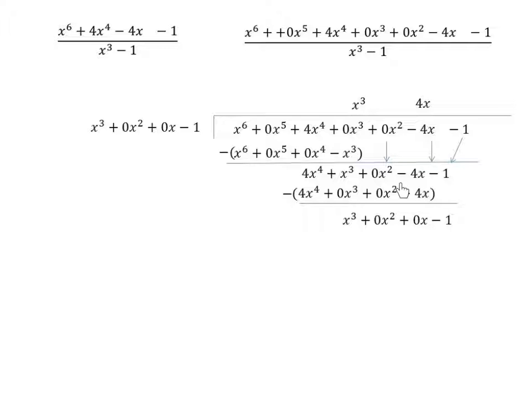And then negative 4x minus negative 4x is going to be 0 because this sign is going to become positive after you have distributed this negative all the way inside. So you have negative 4x plus 4x is 0x, and then you bring down that 1.